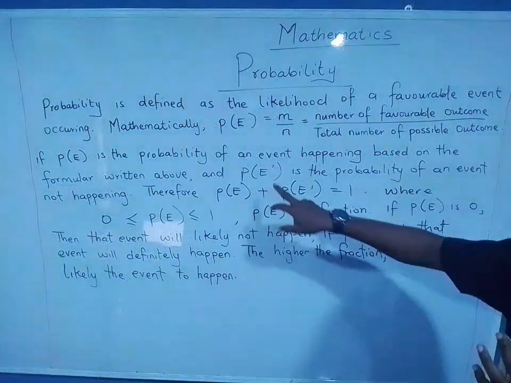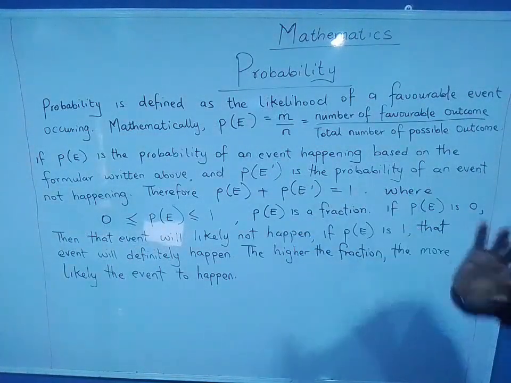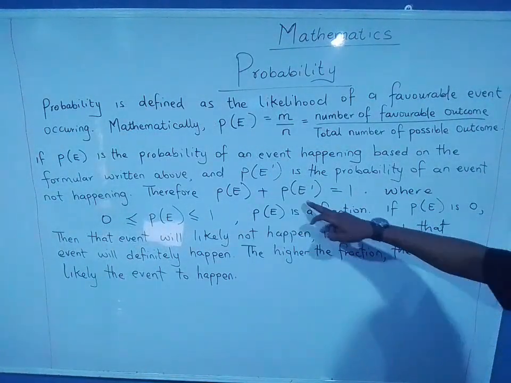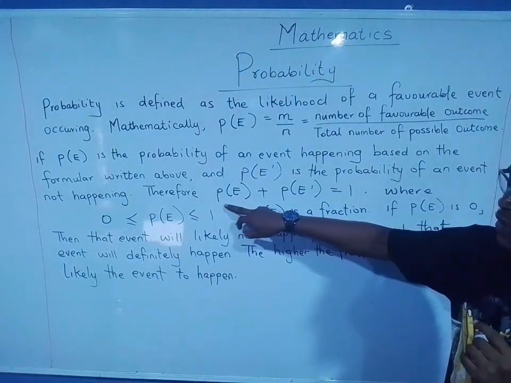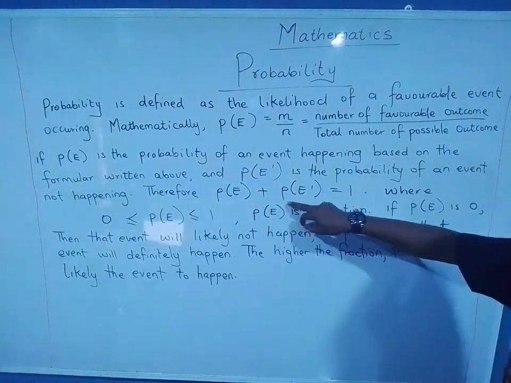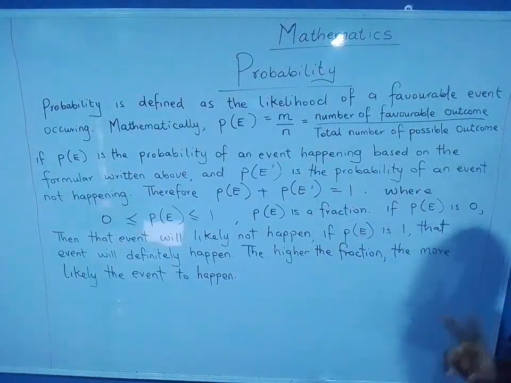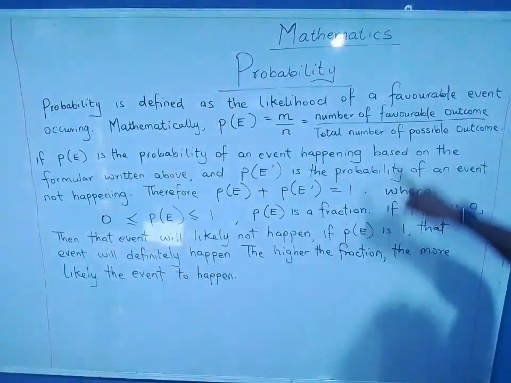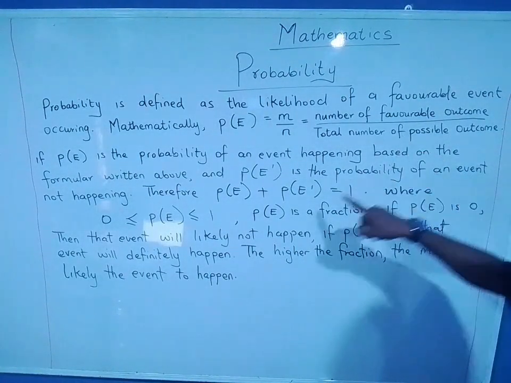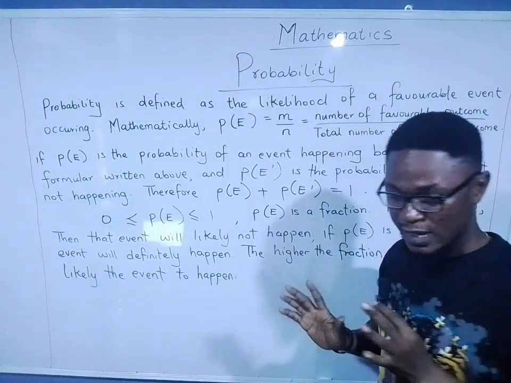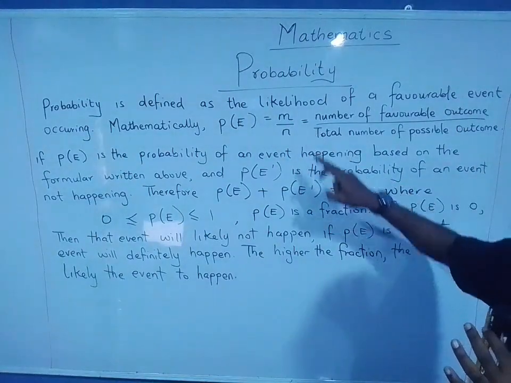This is the probability of that thing not happening, so I wrote another formula. Probability of it happening plus probability of it not happening is equal to 1. Now we have 2 formulas, this one and this one. Is that clear? You're not forgetting this one, don't also forget this one.